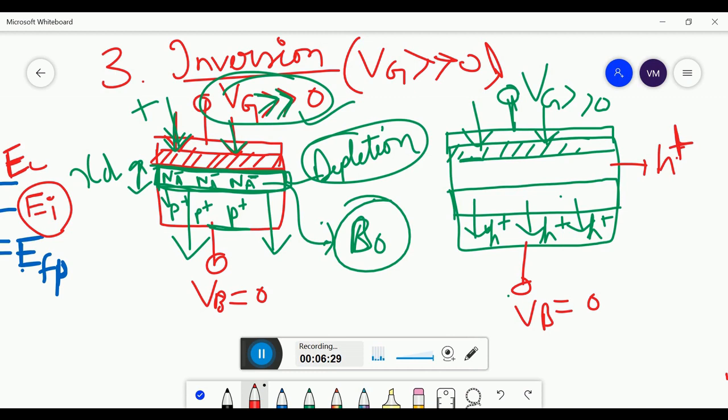And what happened to the holes? They all came downwards. Then it contains the Na negative ions. What happened to the Na negative ions? They also came downwards because of the high gate voltage. And what remains behind? Remaining behind are minority charge carriers. And what are minority charge carriers in a p-type substrate?